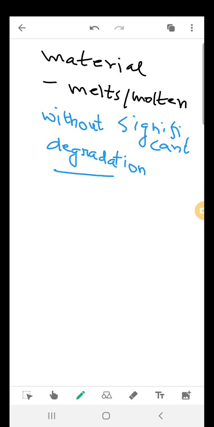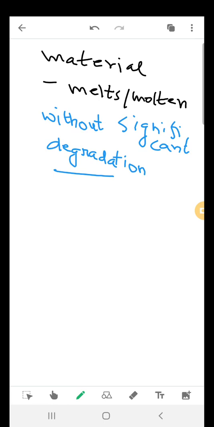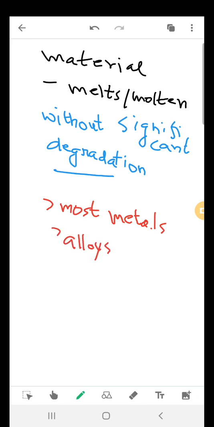So the materials which are not degraded at high temperature, those which don't have any significant changes in chemical composition, are most metals. Then you have alloys, and then you have many ceramics also.